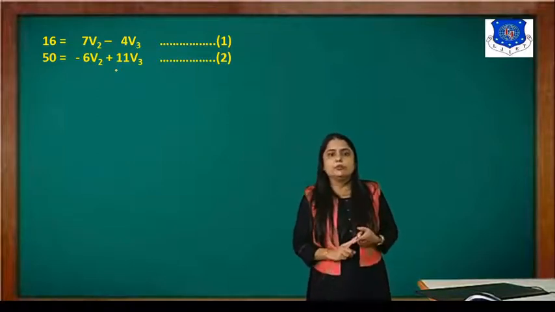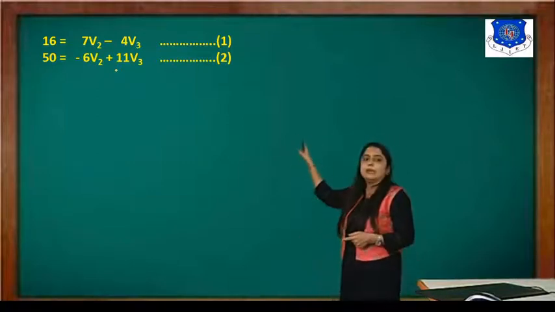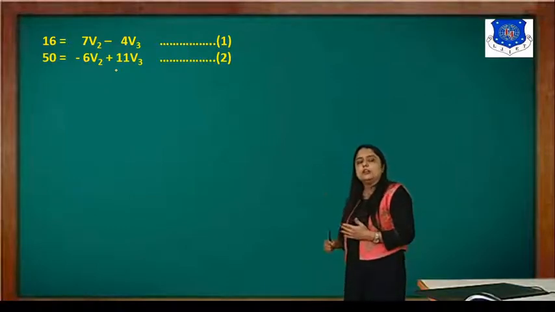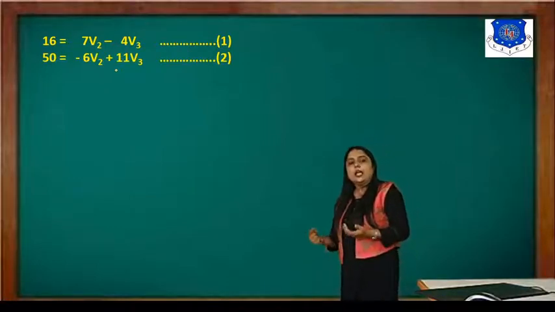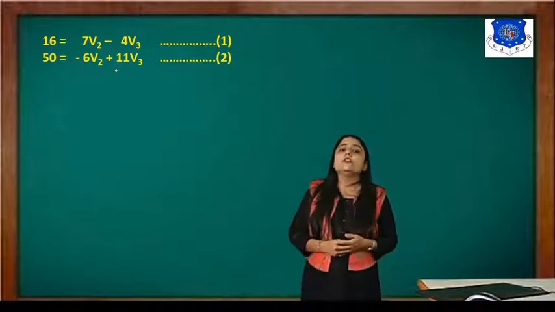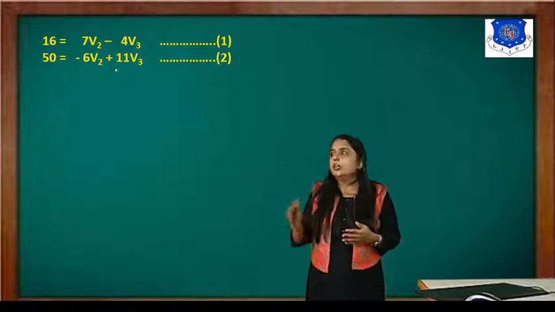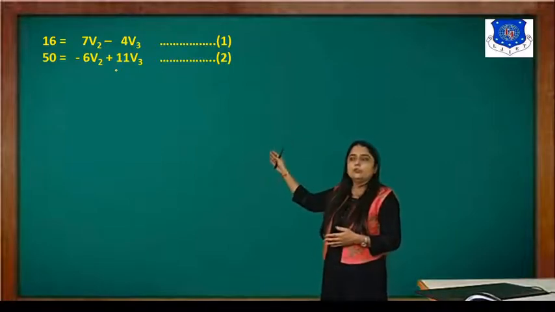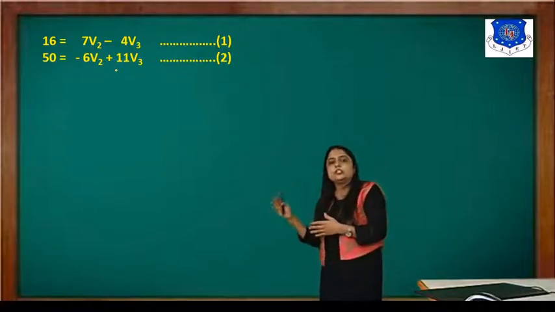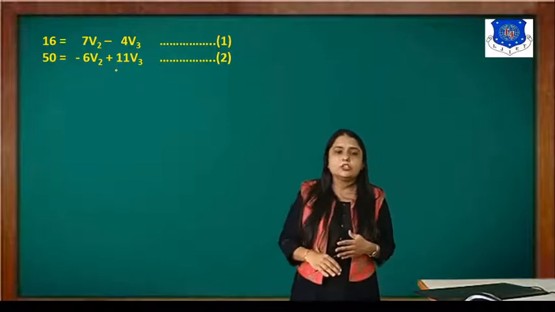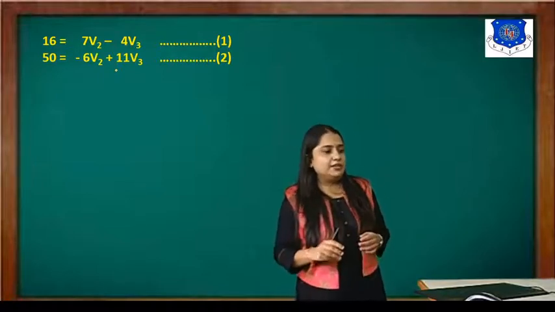You can use the Cramer rule, where you first write down the matrix and then find the value of V2 and V3. Another method is the substitution method: you write the equation of V2 in terms of V3 and substitute that value in the second equation.